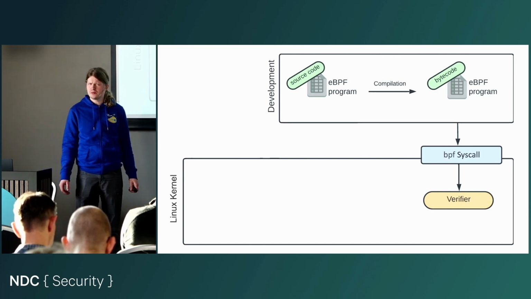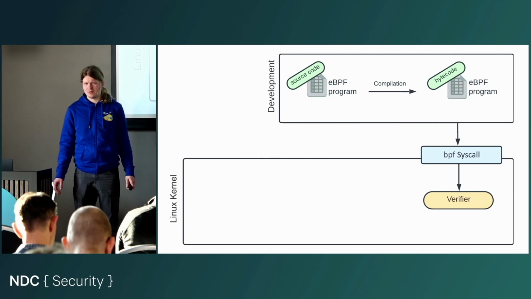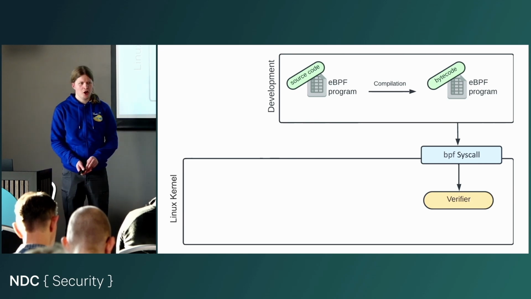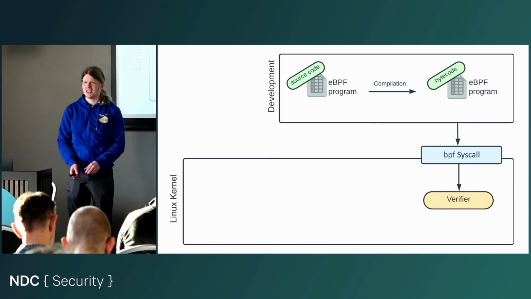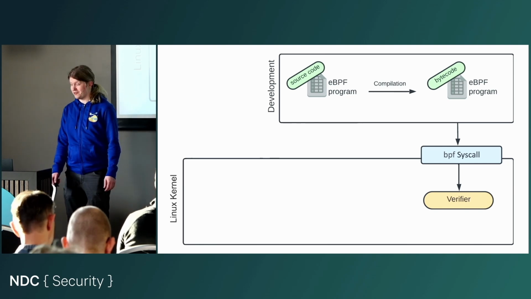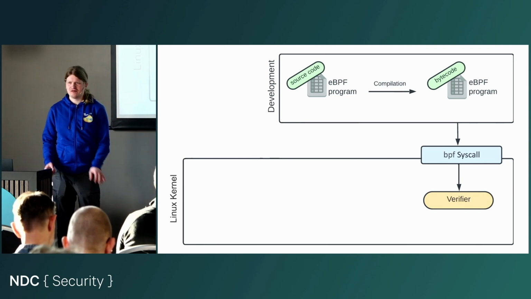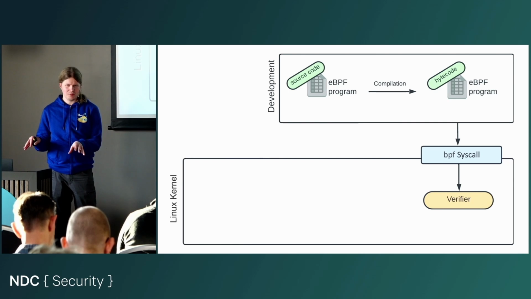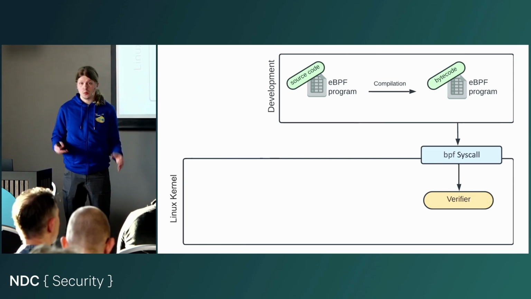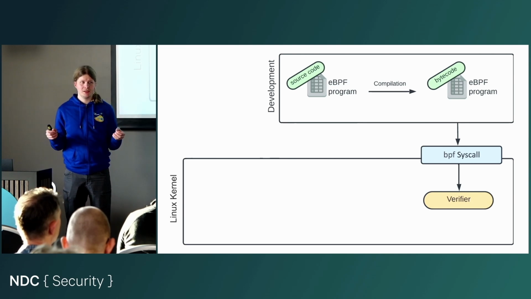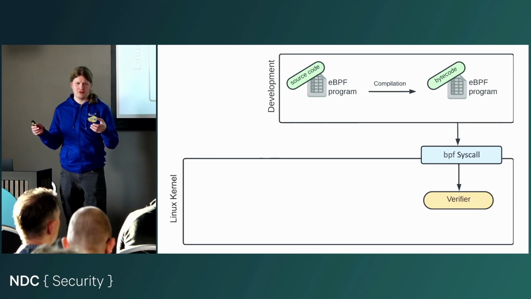Of course, you need root privileges. And please don't run random eBPF code from the internet. I'll show you later in a demo that you can do pretty nasty things with it and have lots of fun. You can even write code that is not deletable because you can mess with the file system, which is pretty cool.